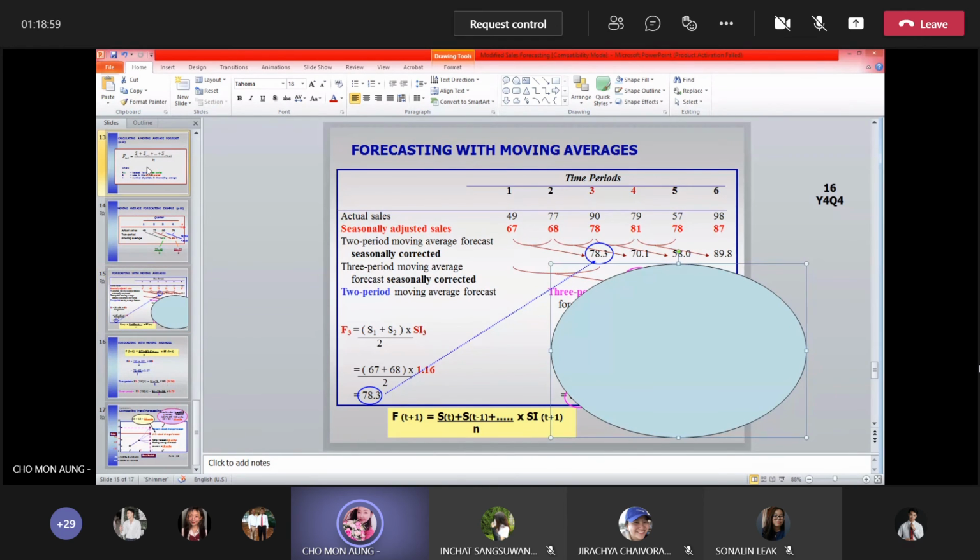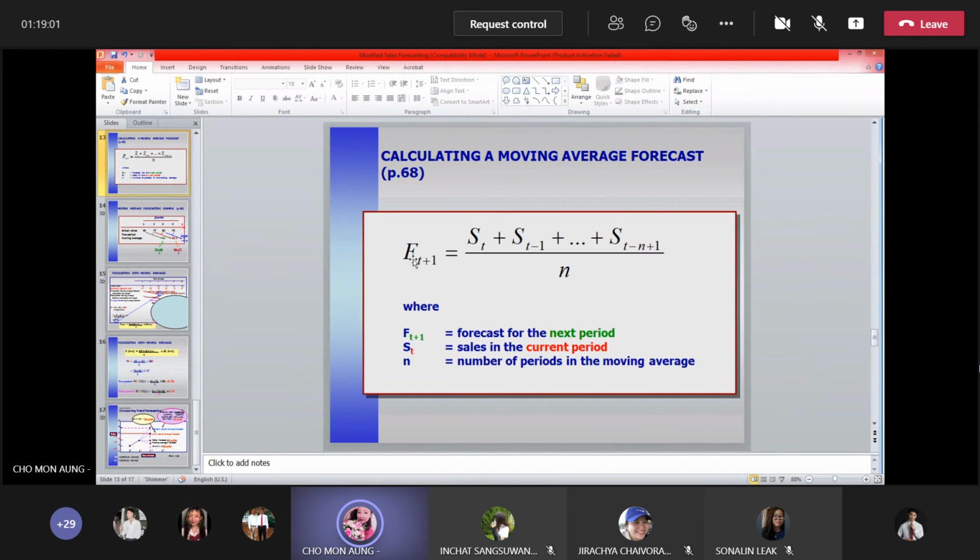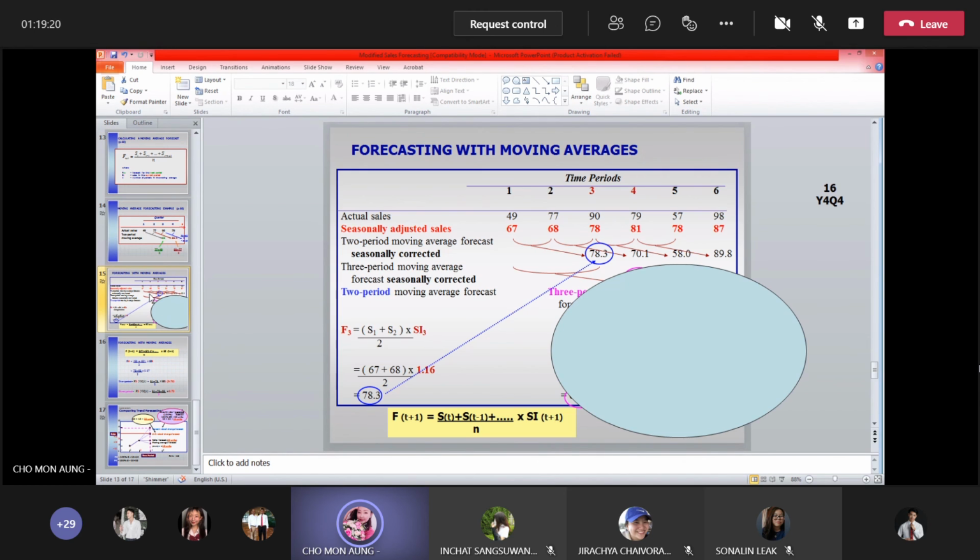According to the equation, F_T plus... by N, F3 for period number 3. So S_T will be period number 2, S2, plus S_T minus 1 will be S1. F3, so here.